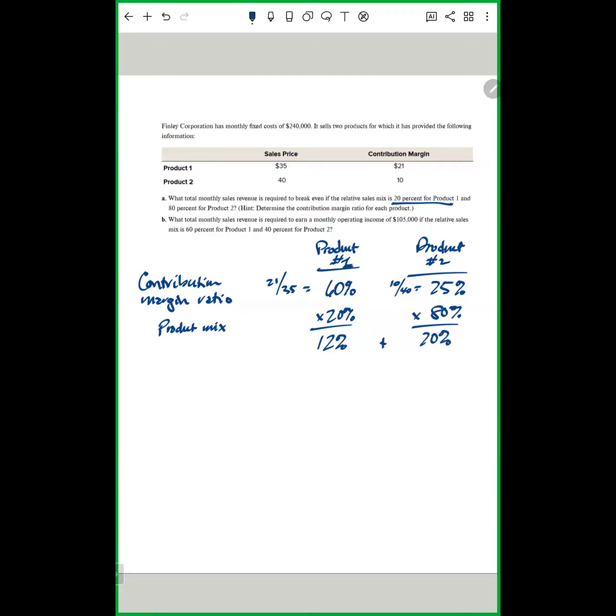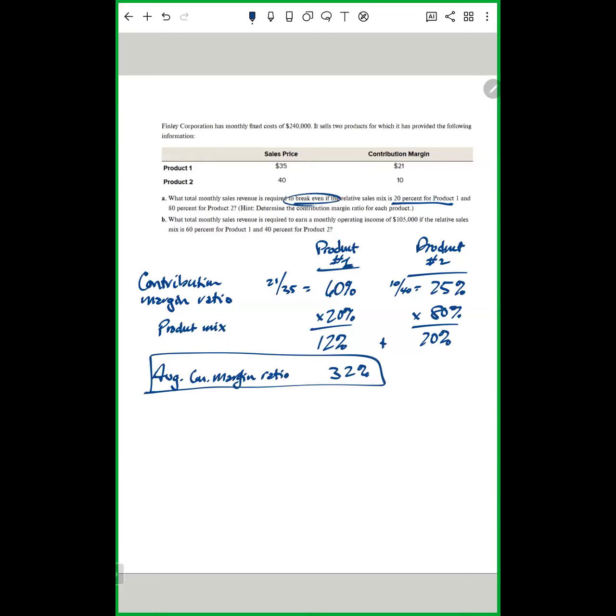So I have an average contribution margin ratio of 32%. All right. And so we're going to use that then to determine how to get to break even.